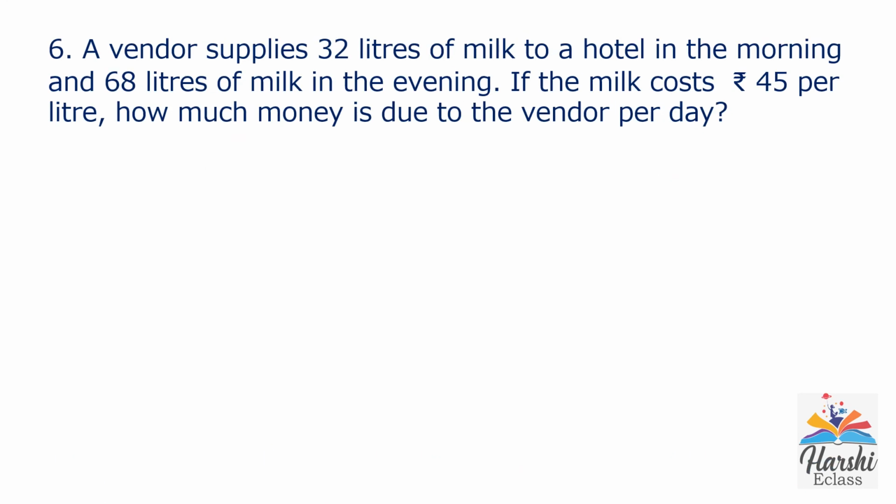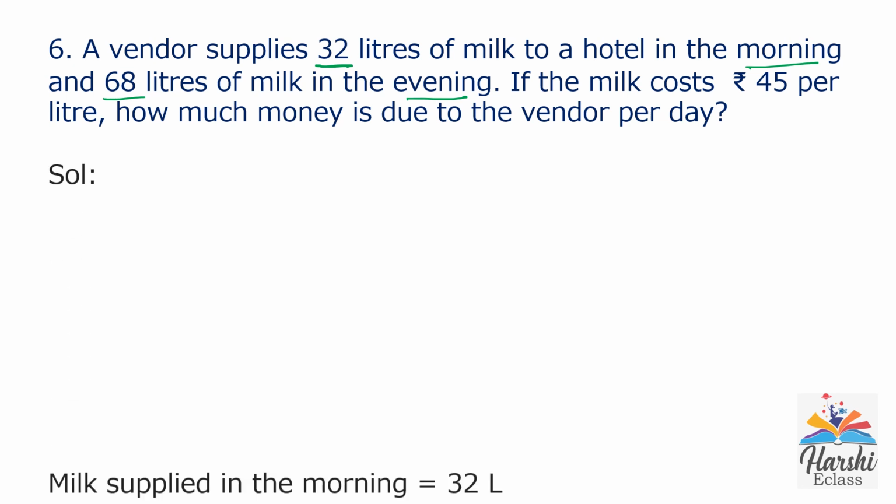Sixth sum. A vendor supplies 32 liters of milk to a hotel in the morning and 68 liters of milk in the evening. Total in a day 32 plus 68, that is equal to 100 liters of milk. He is supplying 100 liters of milk. If the milk costs 45 rupees per liter, how much money is due to the vendor per day?